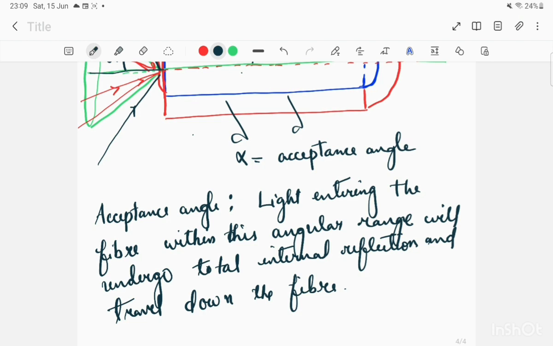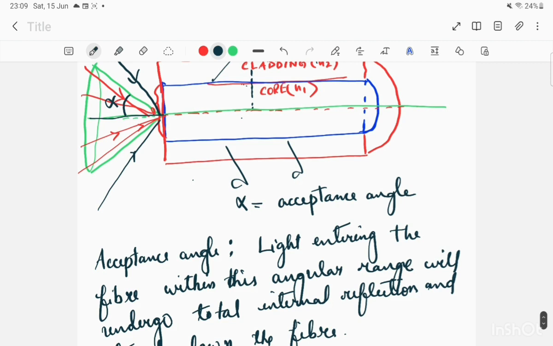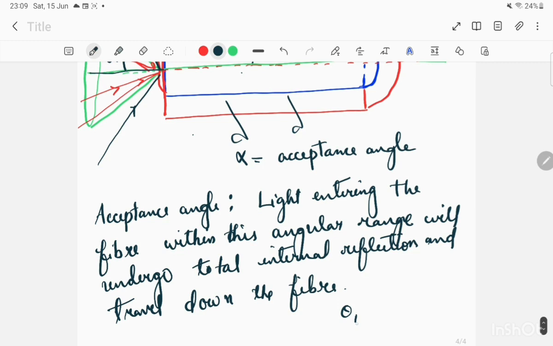And obviously for that to happen, cladding must be less dense than the core, and only entering through this particular angle ensures fulfilling of the condition theta i greater than theta c, where theta c is sine inverse the ratio of the refractive index of cladding and refractive index of core. That's all for the working principle of an optical fiber system.